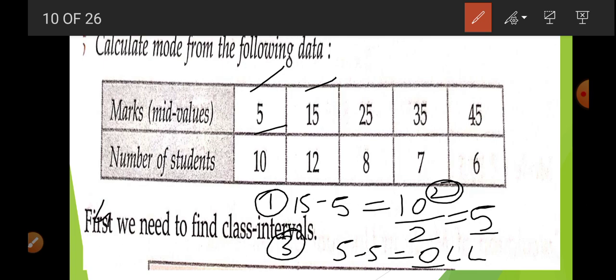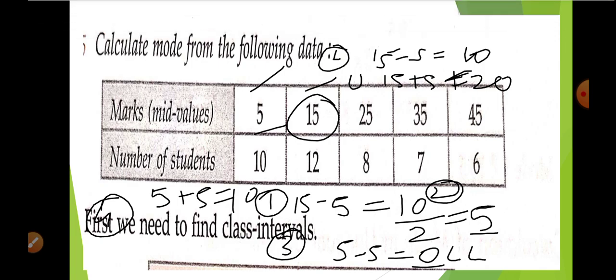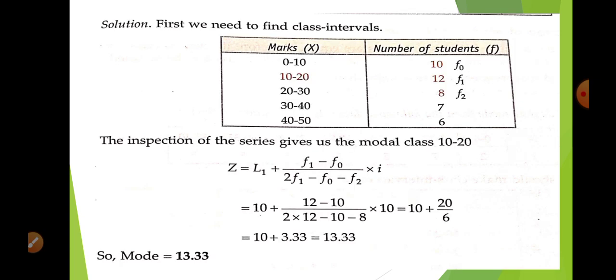So this is your lower limit. For the upper limit we are going to add, so 5 plus 5 will be 10. Same way with 15: for the lower limit we subtract, 15 minus 5 is 10, and for the upper limit we add, 15 plus 5 is 20. In this way we calculate all the lower and upper limits.